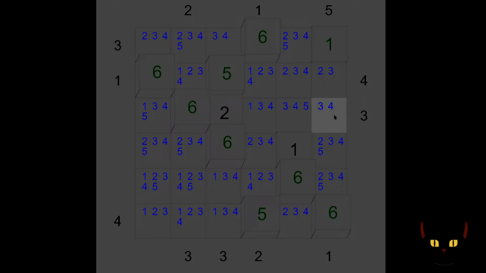So this one is not 3, therefore it's the 4. Reasoning of why that wasn't 4 still works, but now we can have 3, 4. Okay.